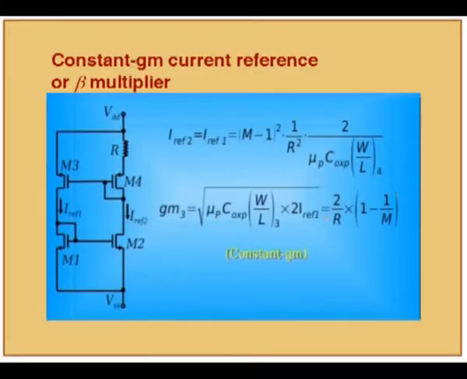And if you look, now there is no transistor process parameter except R, which is a process parameter, but it's not a transistor process parameter. If we could have R off chip, then there would not be any parameter which depends on the process. So that's why it is called constant GM current reference. Otherwise not, because R itself for on-chip resistors changes across process corners.